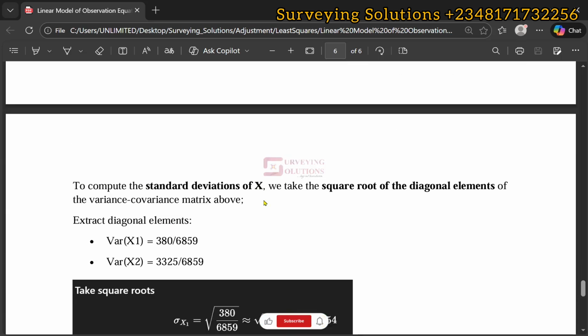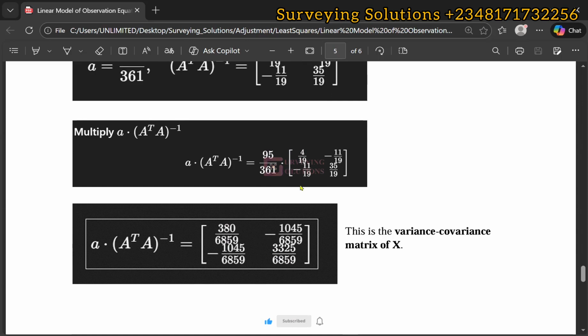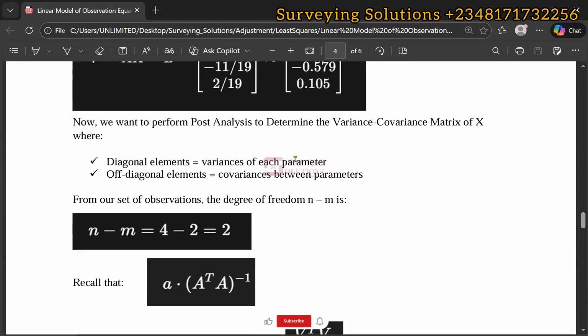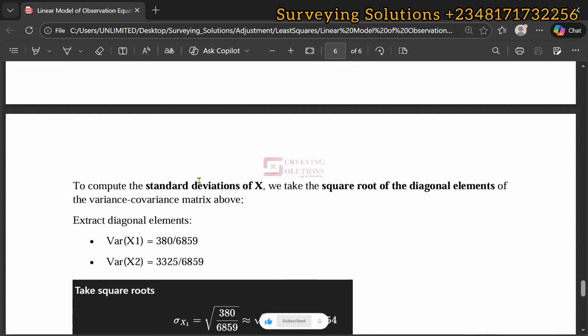Now for you to compute the standard deviation of x, we have to take the square root of the diagonal elements of the variance-covariance matrix, right? Good. We have established earlier that the diagonal elements, let's scroll up a bit. Good. The diagonal elements are the variances, and the off-diagonal elements are the covariances, right? Good. So the diagonal elements, which are the variances, are what we are extracting to now find the standard deviation.